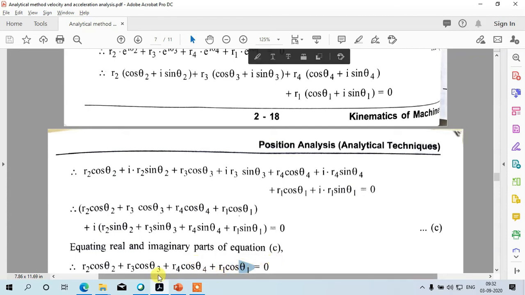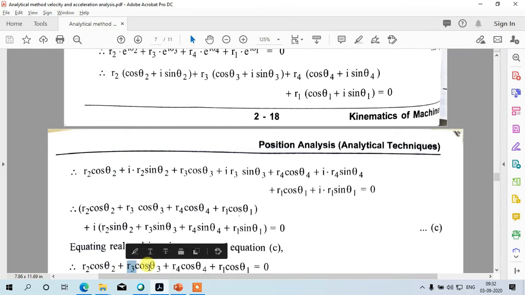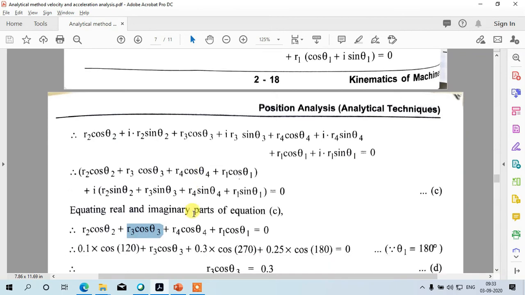So in this equation we have two unknowns, R3 and theta 3. Okay, so simply substitute the values. R2 is 0.1 meter, R4 is 0.3 meter, R1 is 0.25 meter, and these angles.